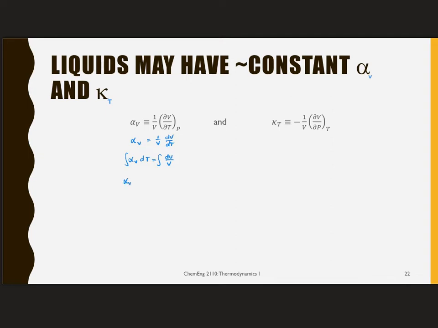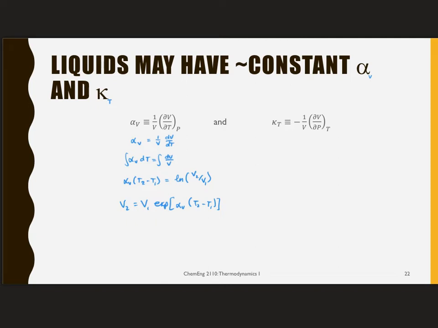Integrating from T1 to T2, alpha sub V times (T2 minus T1) is equal to the natural log of V2 over V1. Solved for the final volume, V2 is equal to V1 times the exponential of alpha sub V times (T2 minus T1). We didn't have to use any skills that you didn't know very early in your calculus education.